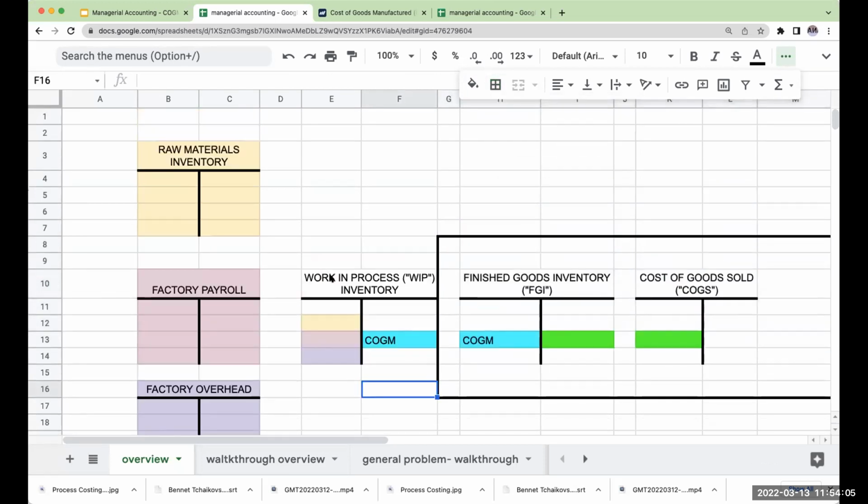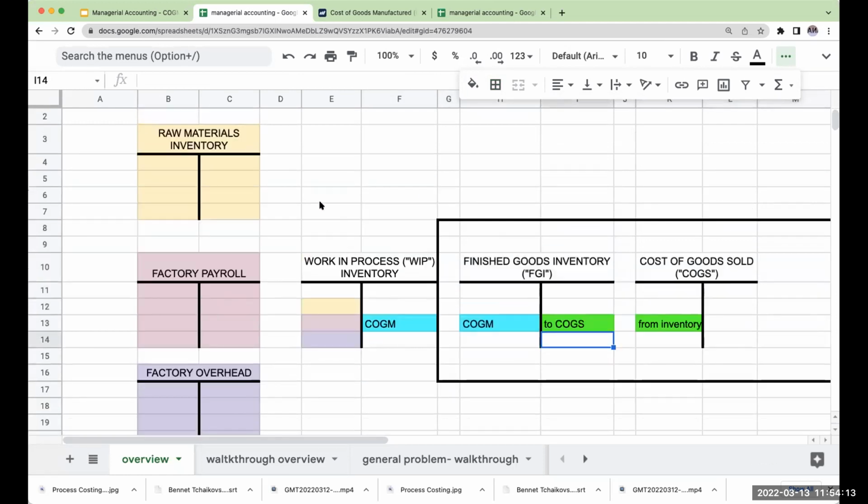But if we are a manufacturer, we have to go through this process. We're making the goods from scratch. So we're going to be using these different categories, or these different costs, to help this raw material inventory go to work in process. And then ultimately, it's going to become finished goods inventory.